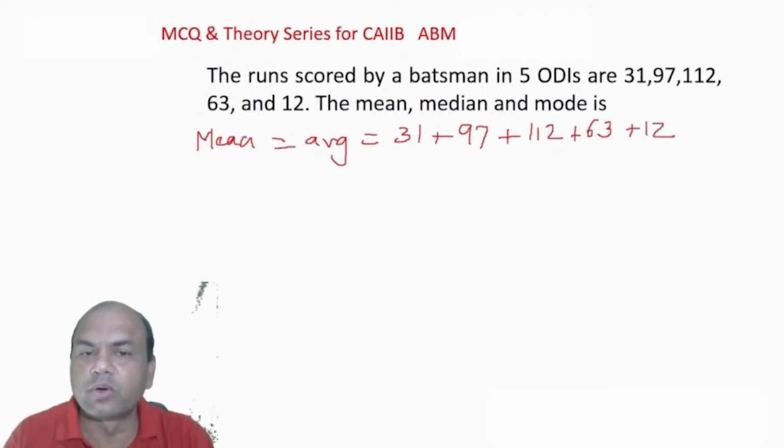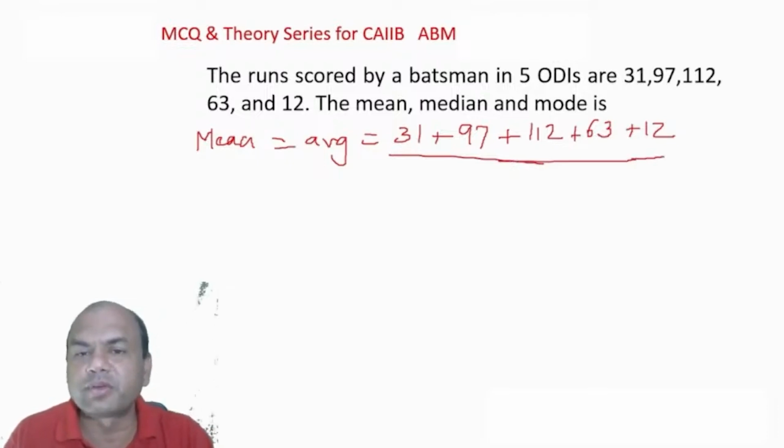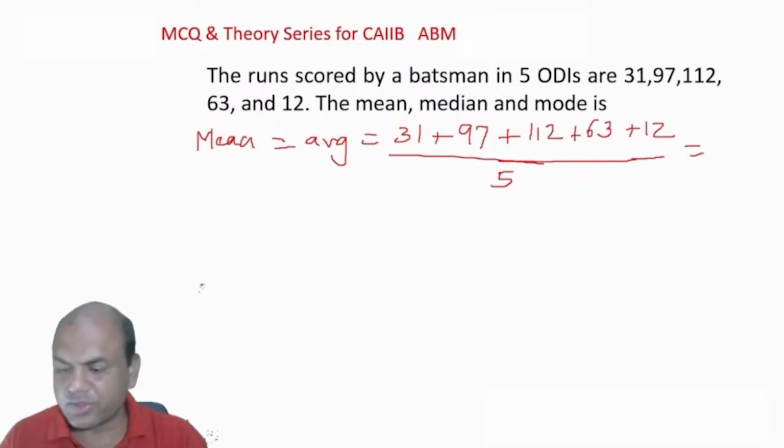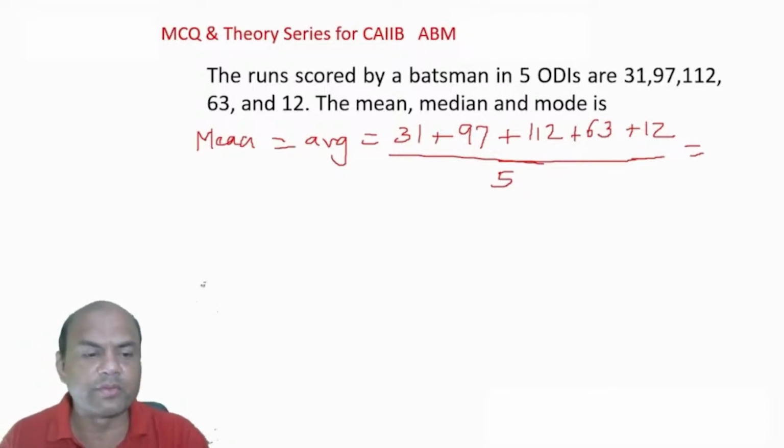This total, the whole, upon number of elements 5. So this will be my mean, whatever that answer is. Everyone, do it. Let me see who is getting the answer over here. Do it fast. See, exams are near, so you need to do it fast.